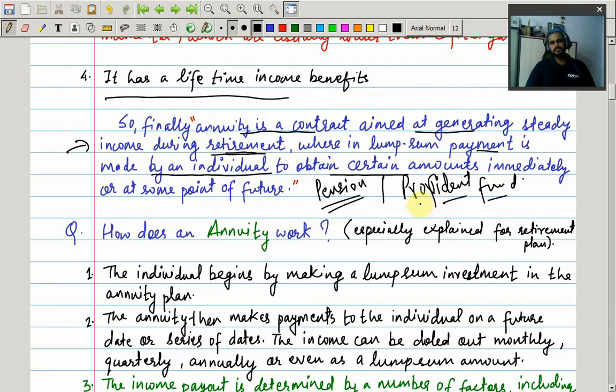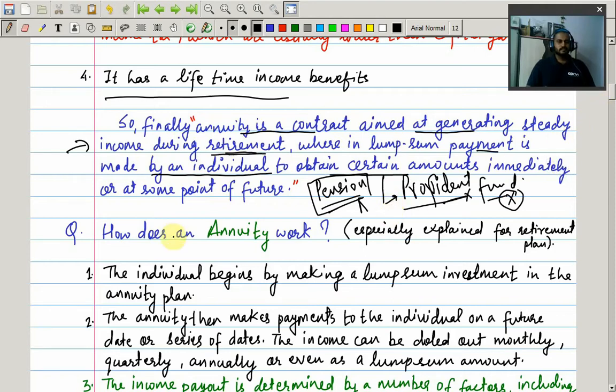We deposit some amount in provident fund or in our national pension scheme, and after our retirement, or after the age of 60, we receive monthly salary through the pension scheme. Provident fund gives after 15 years, we can withdraw all the money. Provident fund doesn't give salaries after our retirement.